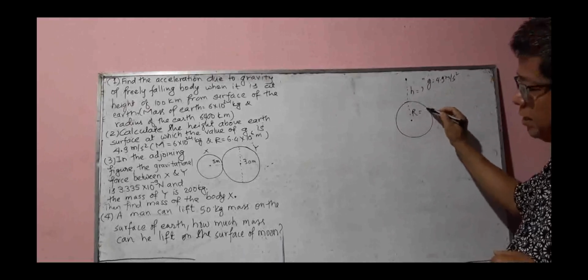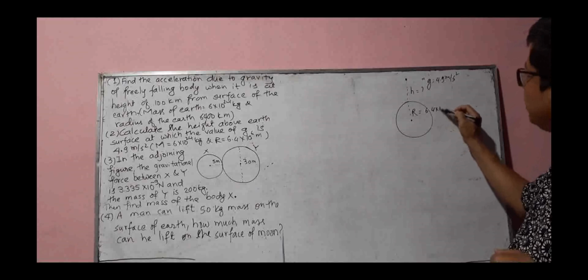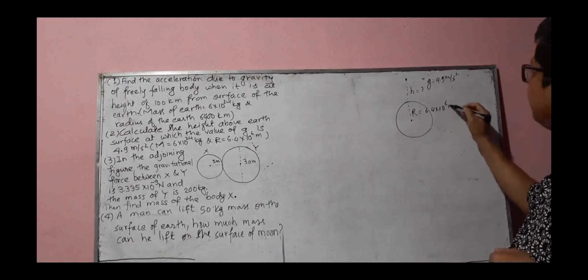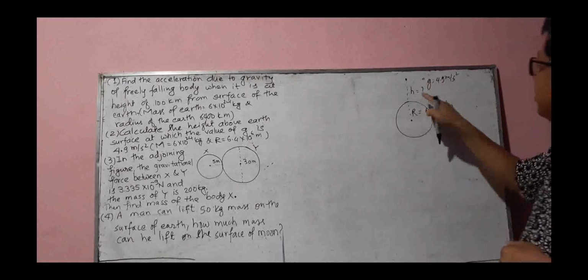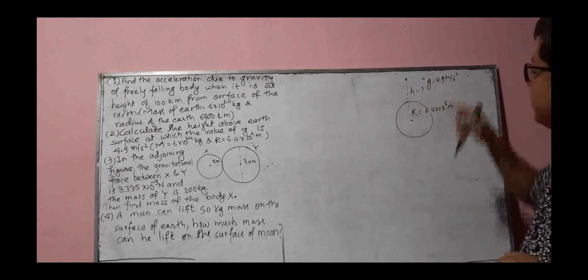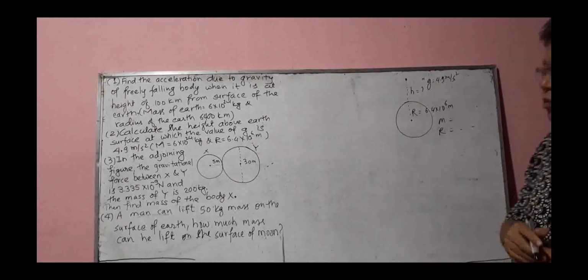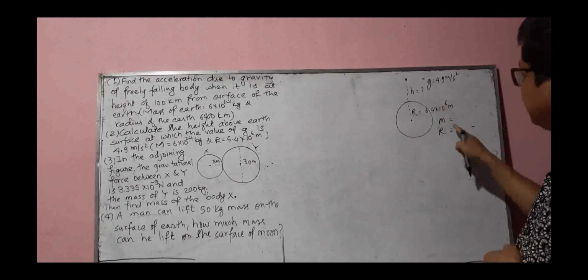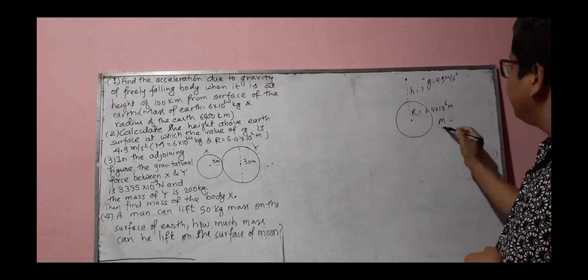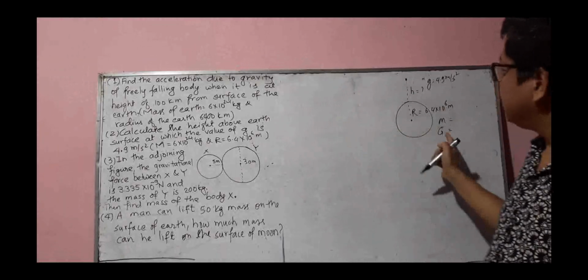How much is that? 6.4 into 10 to the power 6 meter. You have to find this height. The acceleration due to gravity is given, and M and R are also given to us. We can write the value of G, the gravitational constant.